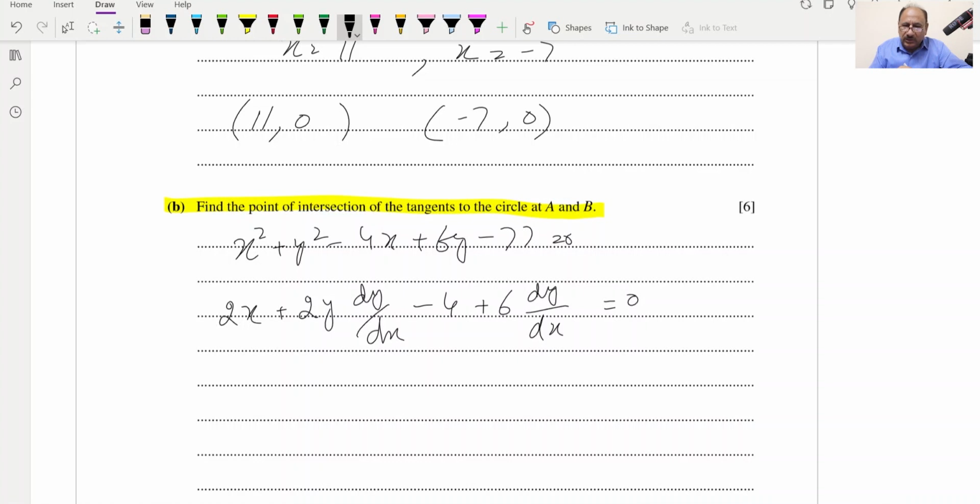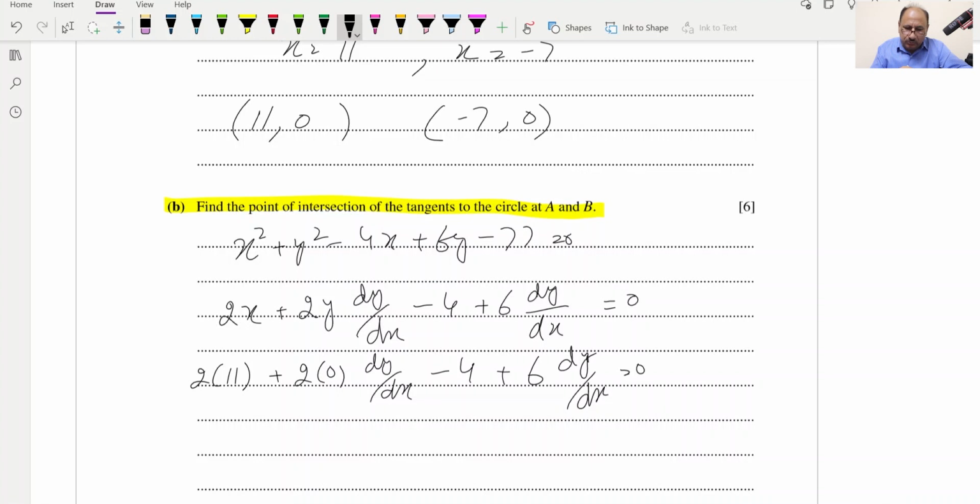Now we can replace x with 11 to find the gradient. So 2 into 11, plus the y term, which will be 0, but I'm writing it for your understanding, minus 4 plus 6 dy over dx is equal to 0.